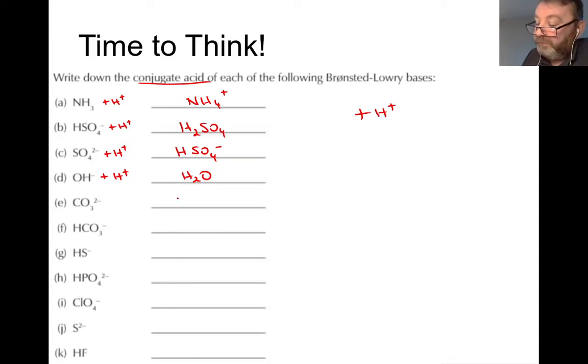CO3 2 minus, add on your H, so H plus, add on your H, HCO3, and the plus cancels one of these negatives and leaves 1 behind. If I add on an H plus here, H2CO3, and the positive and negative cancel. HS minus with an H plus gives H2S, and again the charges cancel.